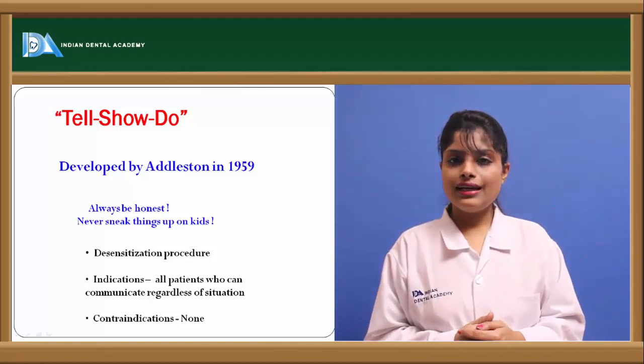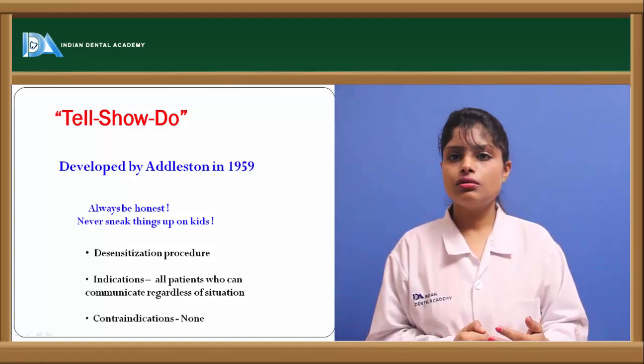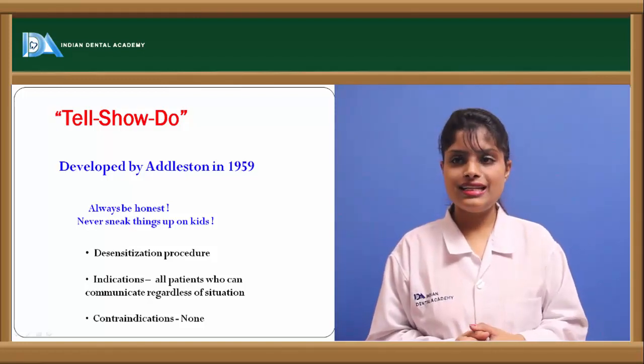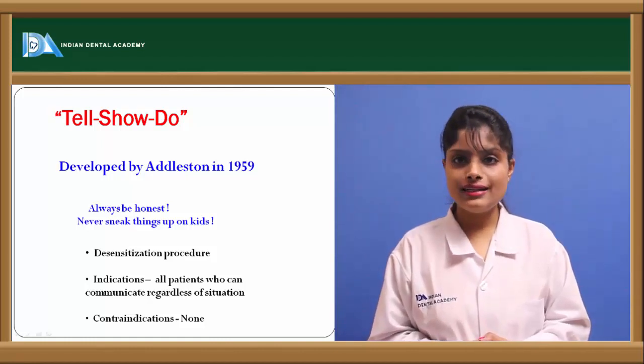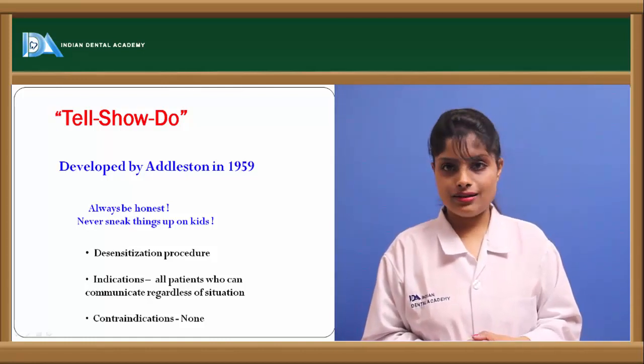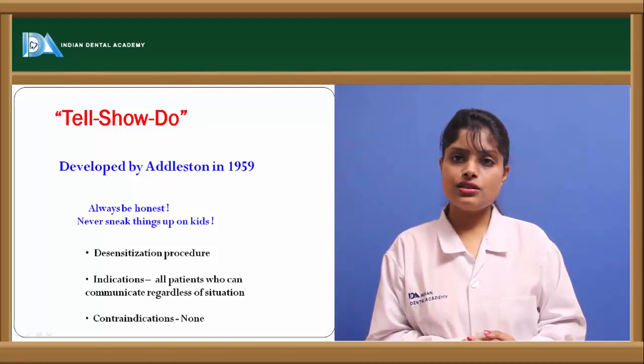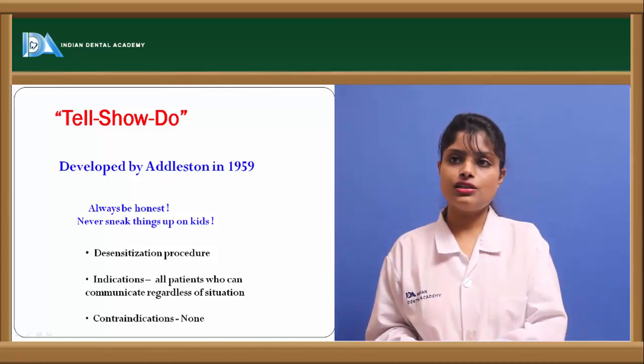Now, what are the indications of such a process? The indications are all the patients who can communicate with the dentist, or who can understand the words of the dentist and follow the instructions of the dentist.